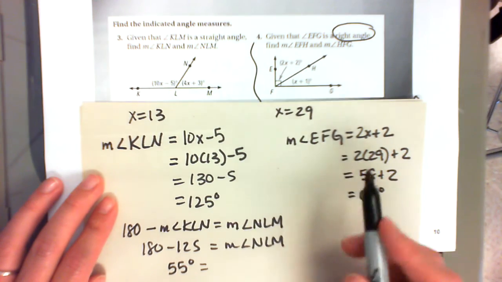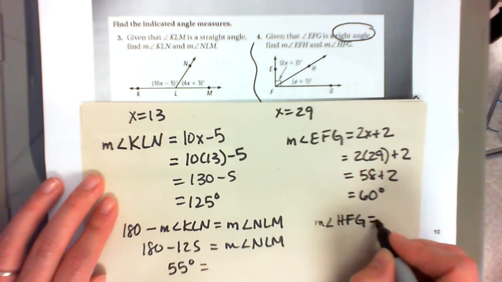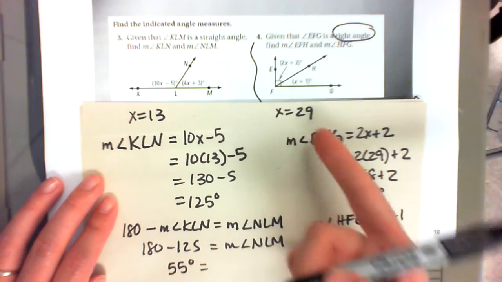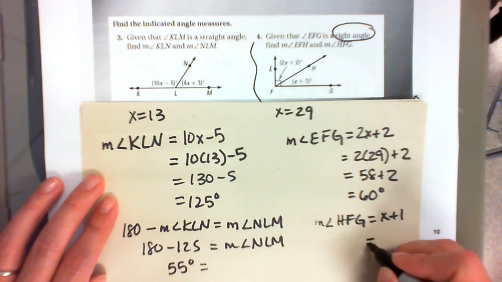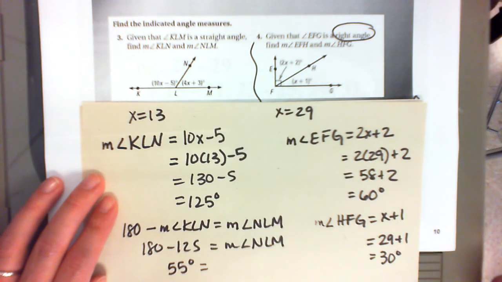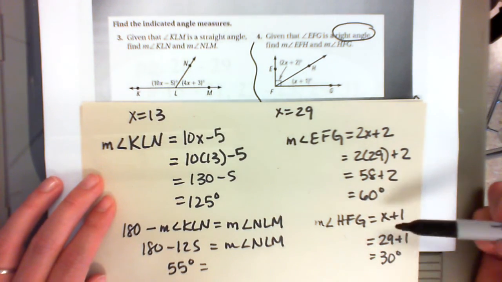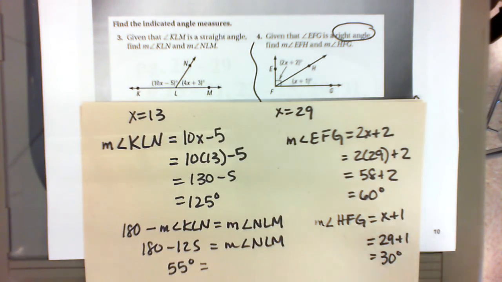This is an easy one, x plus 1, so the measure of angle HFG is represented by x plus 1. I know x is 29, so that's 29 plus 1 equals 30 degrees. Or if I did it the other way, we have a right angle, which is 90 degrees. 60 plus 30 degrees is 90, so that's one way to check my work.